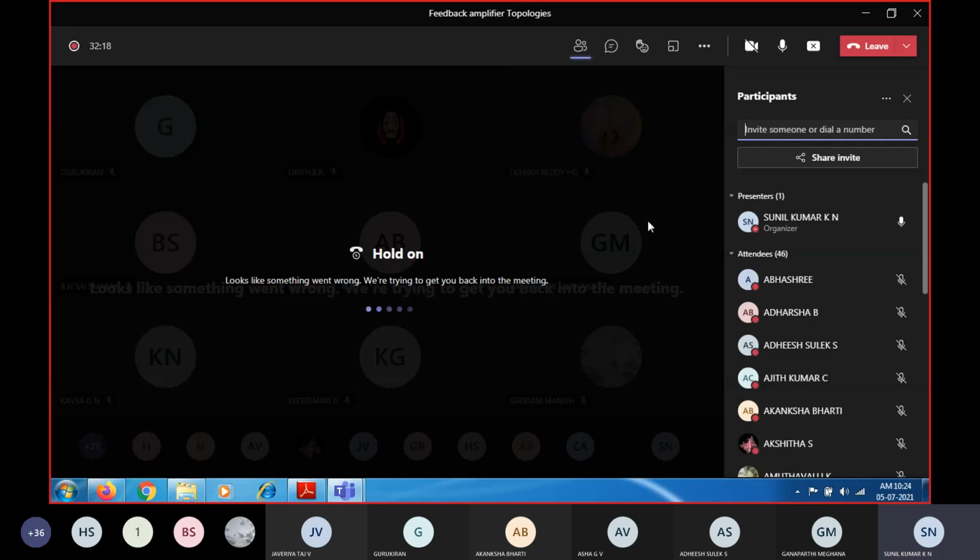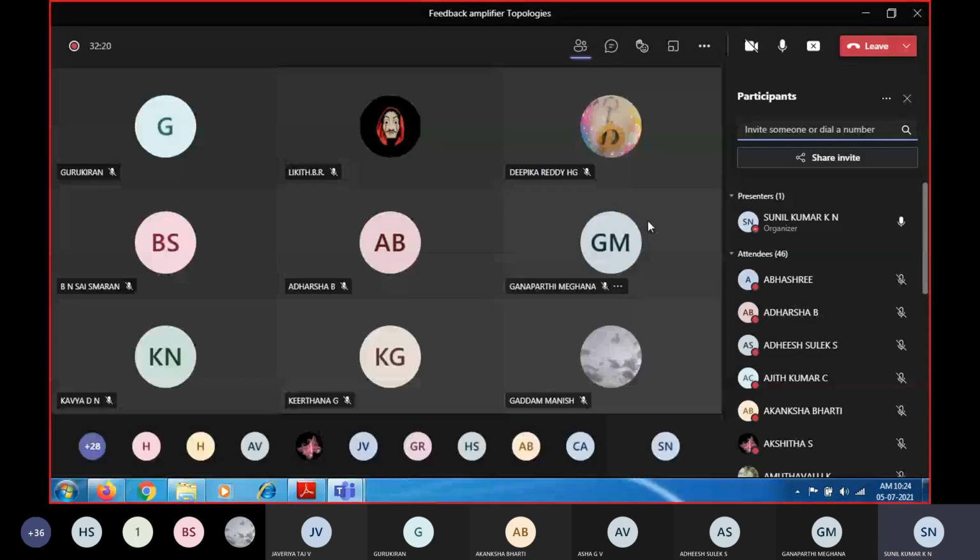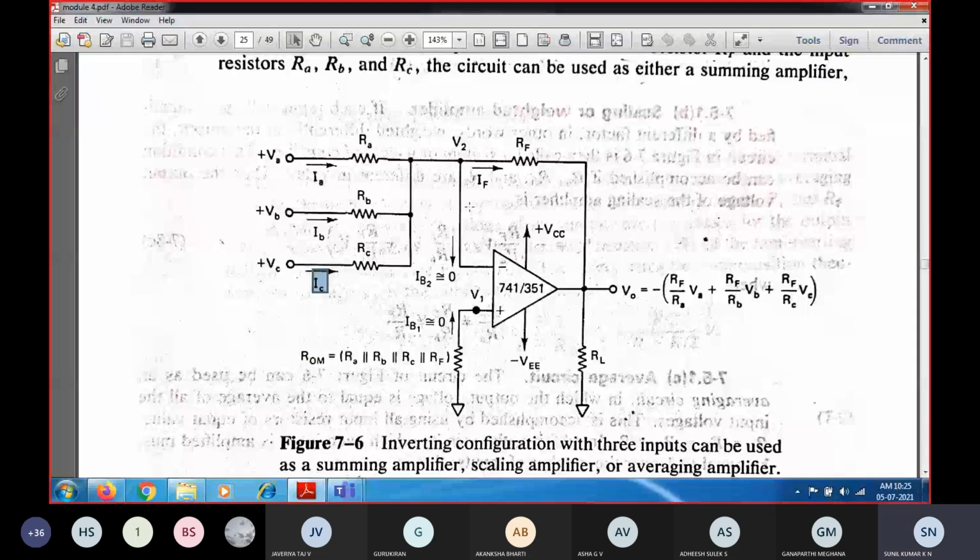So all the three currents, IA, IB as well as IC, sum up and flow across RF. Across RF that current will be IF. So IF will be equal to what? IA plus IB plus IC. Correct.